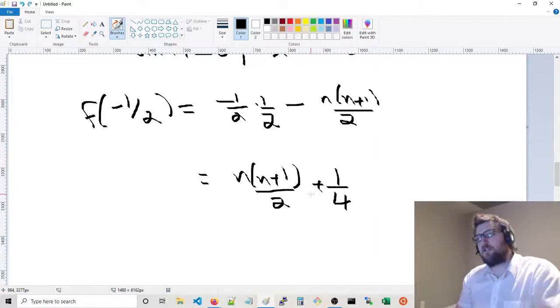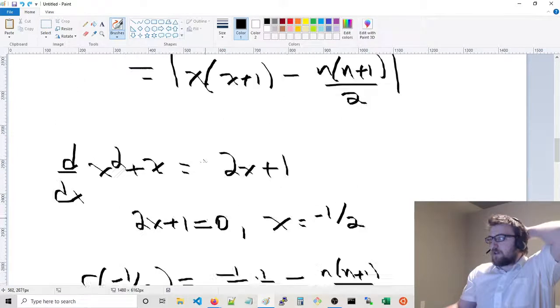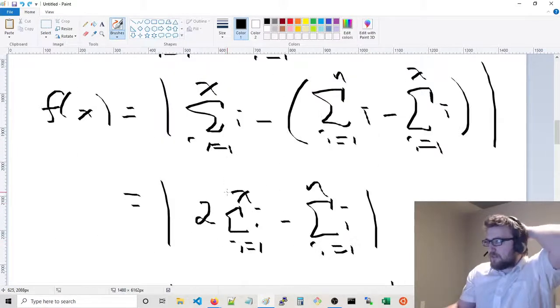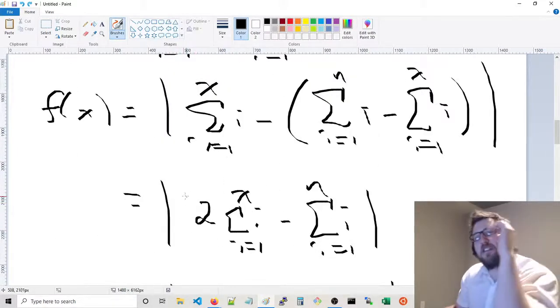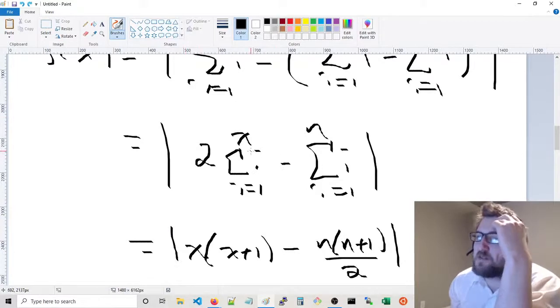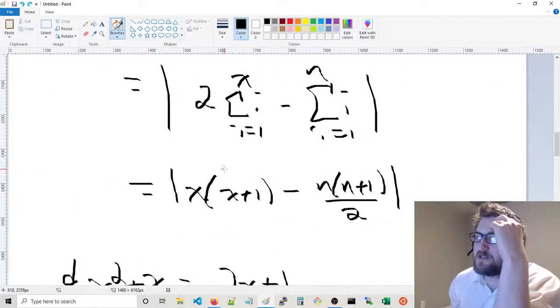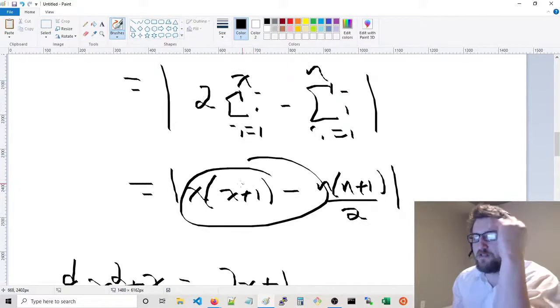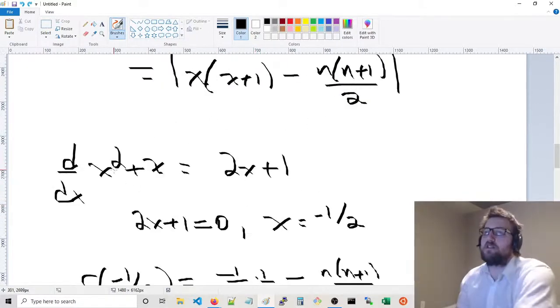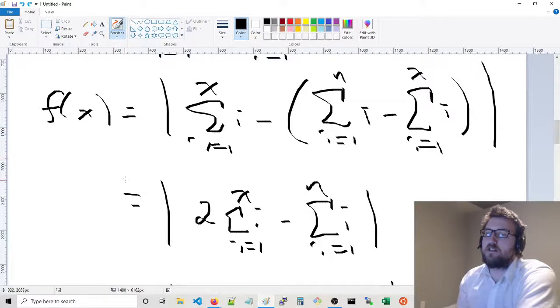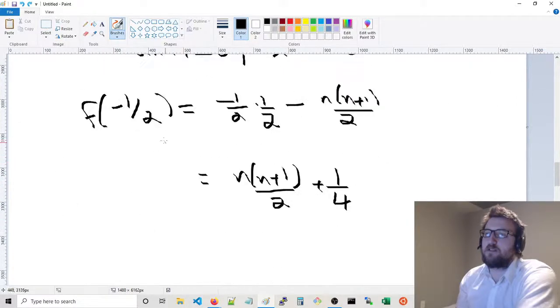Wait, what? This seems so bad. There's no way this is right. What am I doing? What are we doing here? If we just assume that this is larger, right, and that this is just f of x, we're looking for f of x is 0.